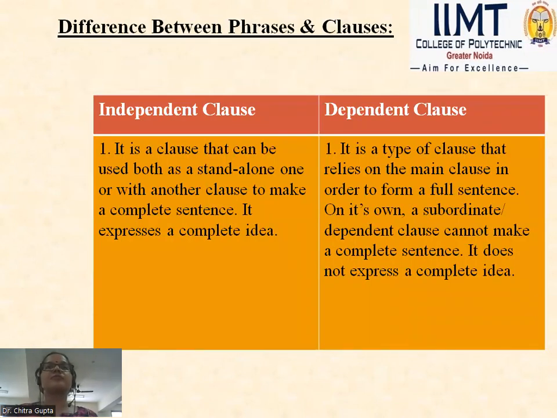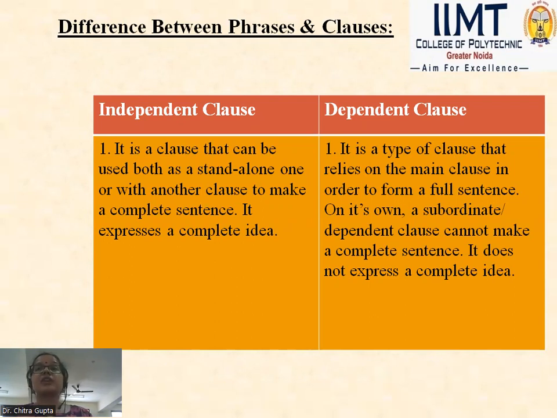Okay, before moving further, I'll discuss what the independent clause is and what the dependent clause is. As the name suggests, an independent clause can be used both as a standalone one or with another clause to make a complete sentence. An independent clause always expresses a complete idea, a complete thought.